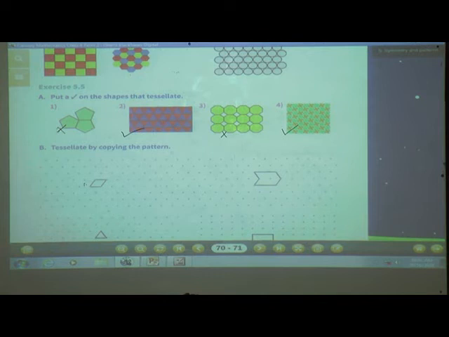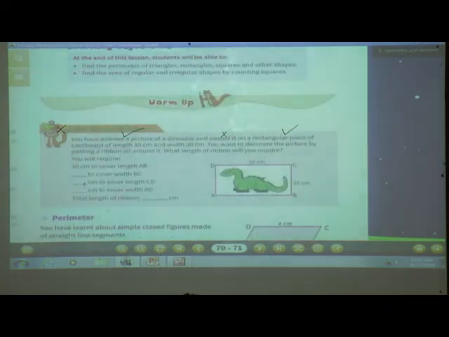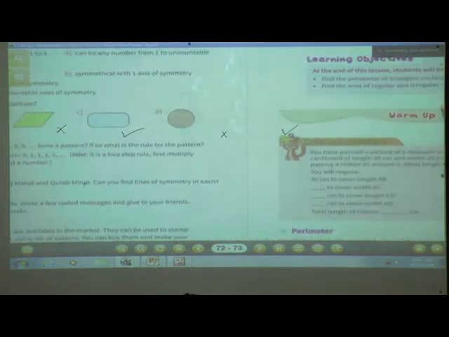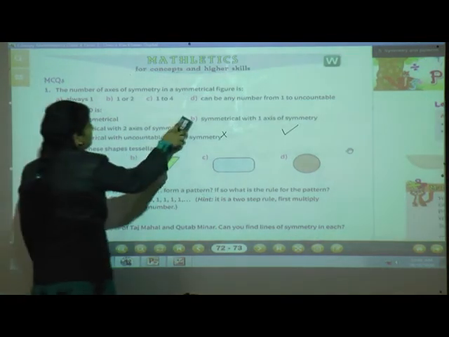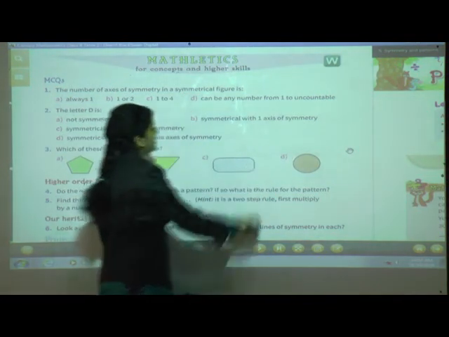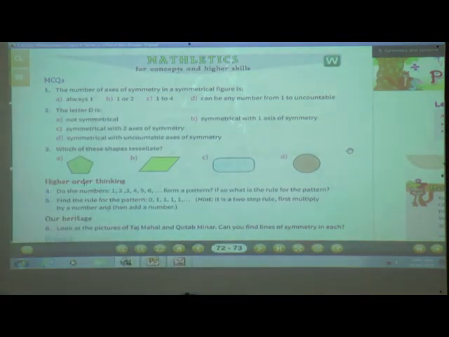Okay, now see the next page. Here, page number 72. The number of axes of symmetry in a symmetrical figure is. See, first one, read the question and now tell me the answer.